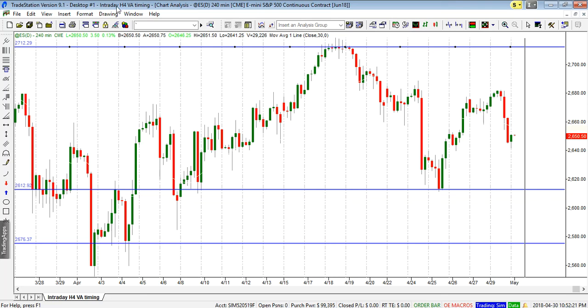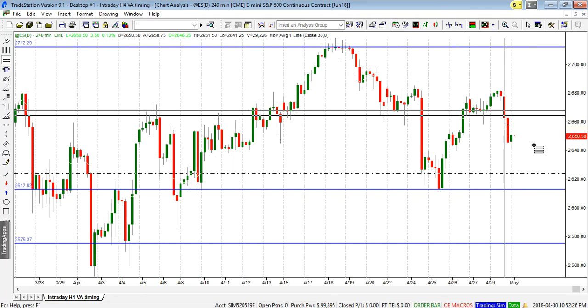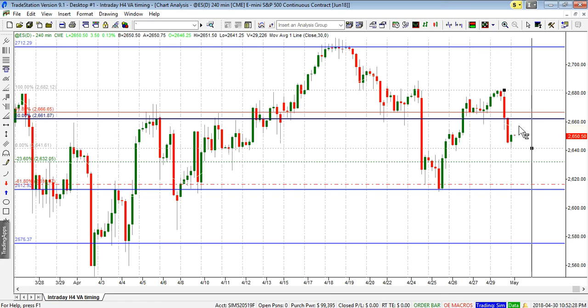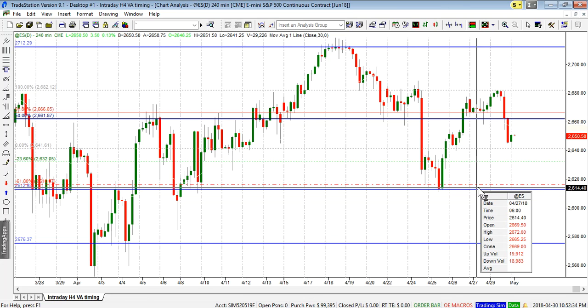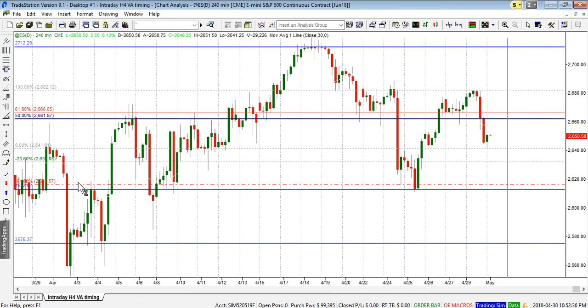So if this market moves tomorrow higher, or during the Asian session here and European session, into the 2661, that could be a sell into the bottom of this channel, of this range, partial range here that we see. Okay, so that's an idea for tomorrow.